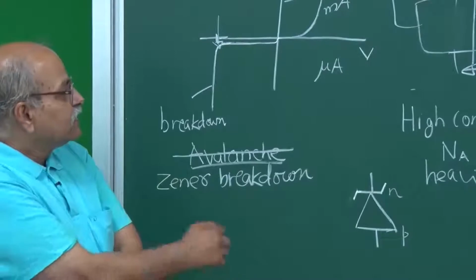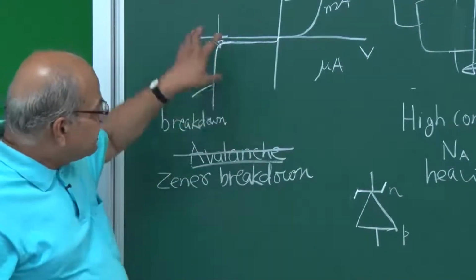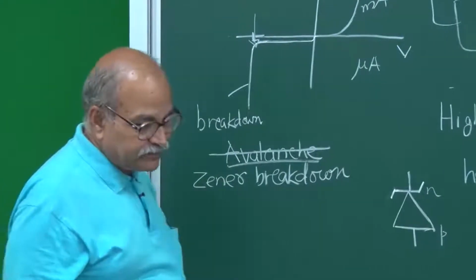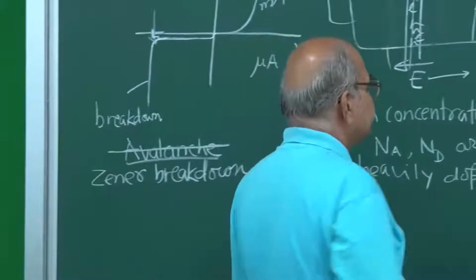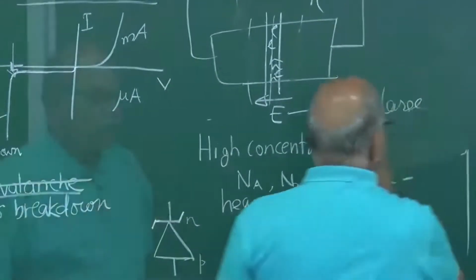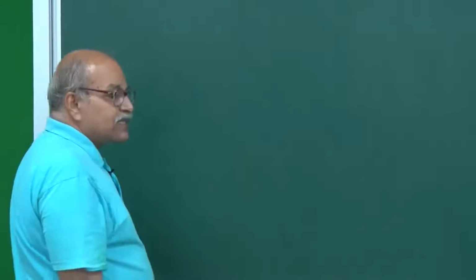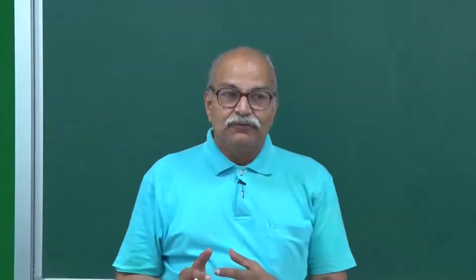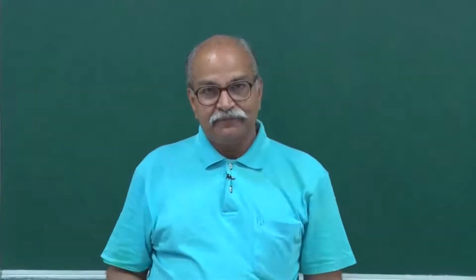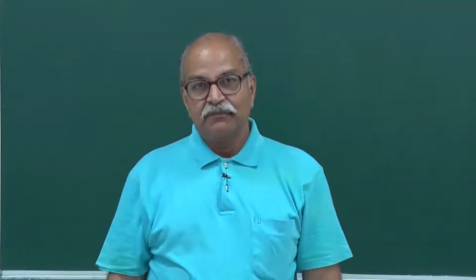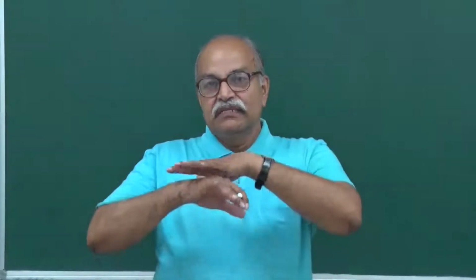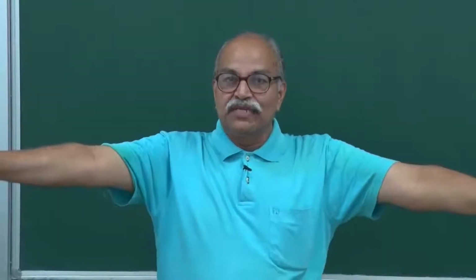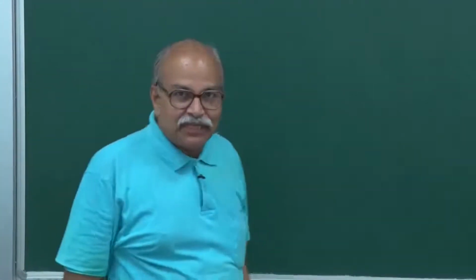So now let us see how this feature can be utilized for some useful purpose. So let us make a voltage regulator. When we use a power supply to get some DC voltage, the power supply is supposed to give me the DC voltage at one particular fixed voltage as a function of time. So that's good DC. But normally it doesn't happen like that.